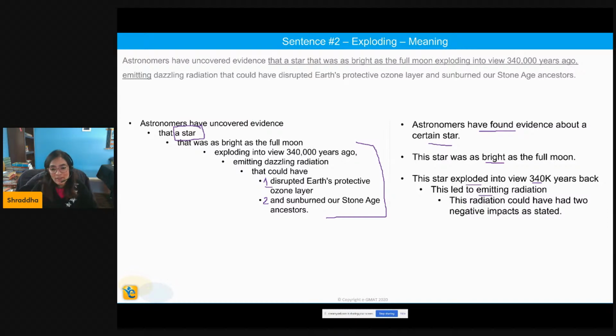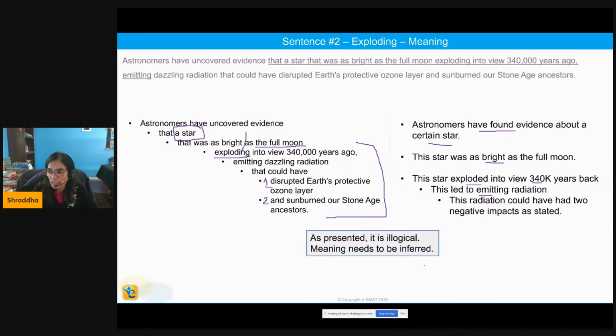So when we put everything together, we understand that the meaning presented by the sentence is not very logical. The meaning has to be inferred. Why? Because if we follow the grammar, a star that was as bright as the full moon, here the full moon is basically the way the verb-ing modifier is used in this sentence.